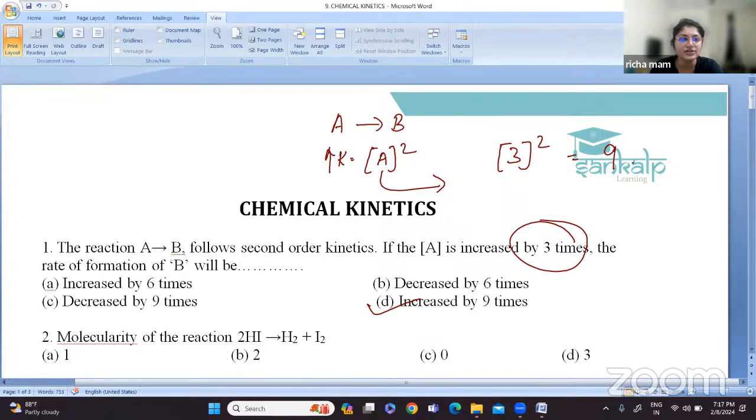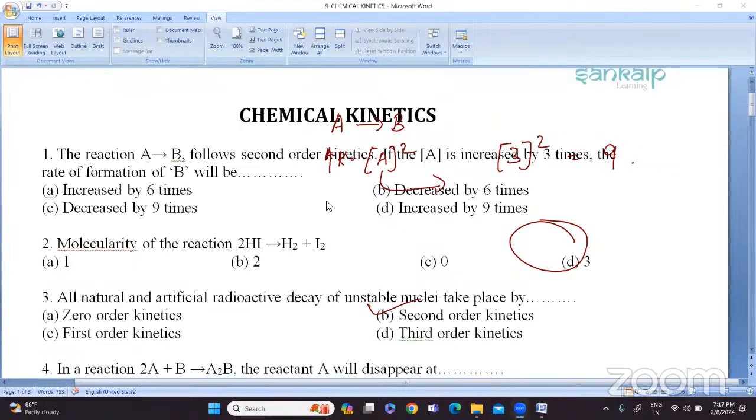Molecularity of a reaction 2HI giving H2 plus I2 is: A, 1; B, 2; C, 0; and D, 3. AK has answered it as 2. Others?